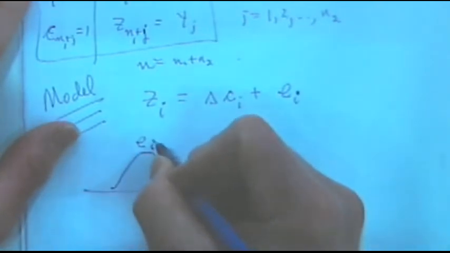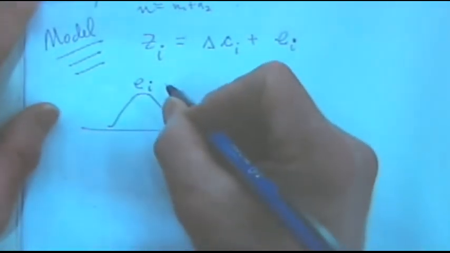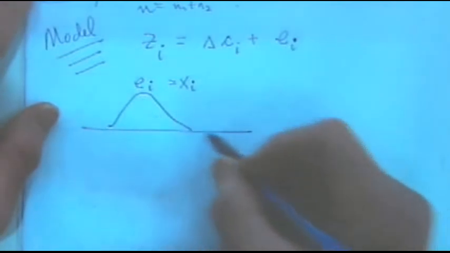Here's my e's, right? And what are your x's? There's your e's, right? And then I just have to add the alpha to get the 1s.